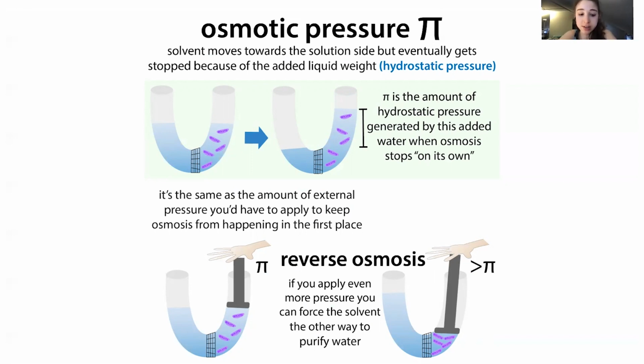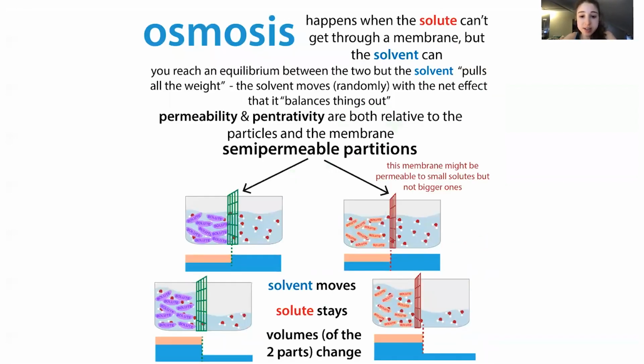So osmotic pressure explains this mystery you might be thinking. If you have a bunch of solute molecules over here, and they can't come over here, you can move water over here to dilute this out, but you're never going to have equal concentrations on either side.